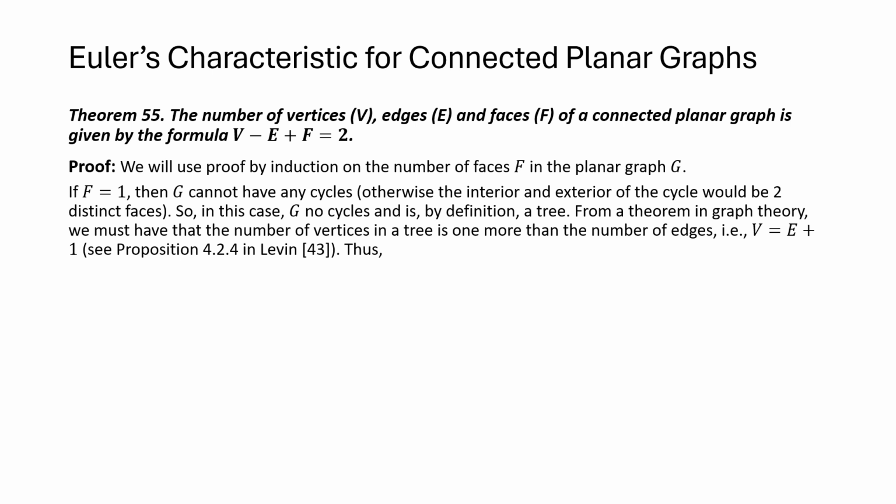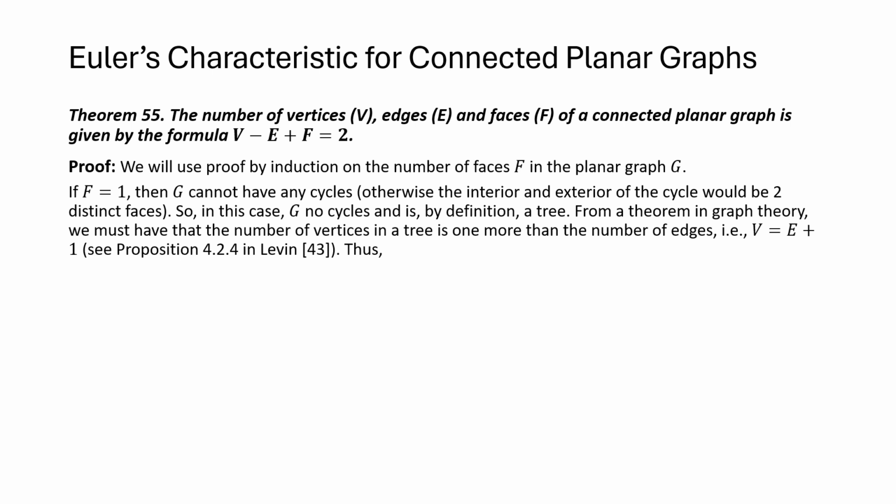Then from a theorem in graph theory, the number of vertices in a tree is one more than the number of edges. I gave a reference here. You can look that up in my book, which I mentioned is freely available in the introductory video.